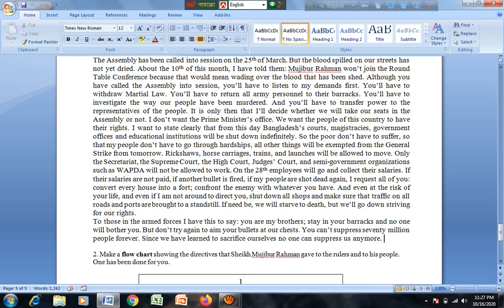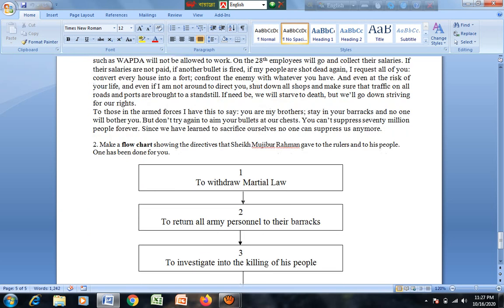At the same time, he advised his people to follow his directives. And the question is, make a flowchart showing the directive that Sheikh Mujibur Rahman gave to the rulers and to his people. You are asked to mention the directive that he gave to the rulers as well as to his own people.